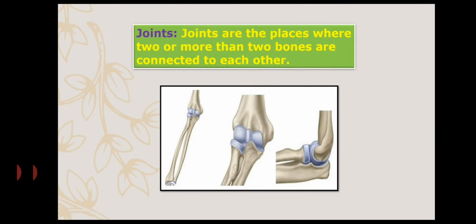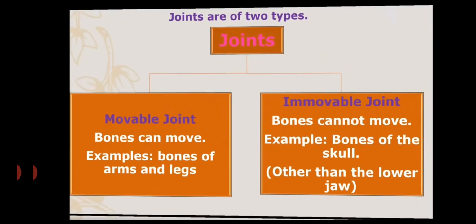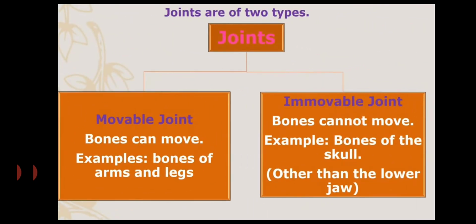And joints are of two types. First one is movable joint and second one is immovable joint. Movable joint is the joint which can move here and there, and the joint which cannot move is called immovable joint. Bones can move in movable joints.